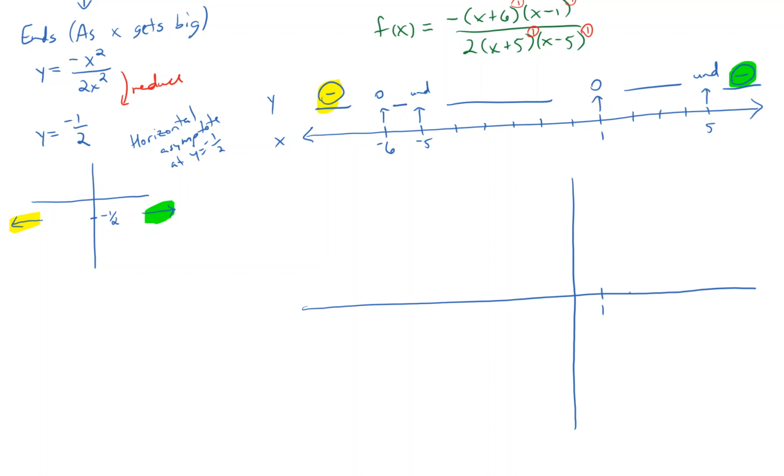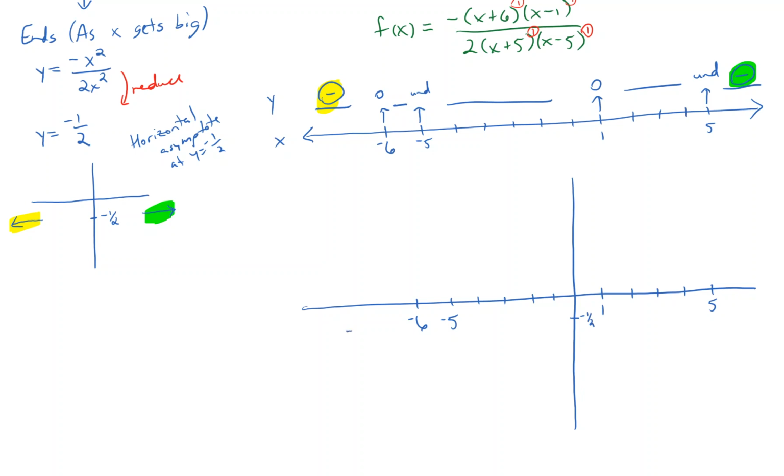So I've got 1, 2, 3, 4, 5, and negative 1, 2, 3, 4, 5. I'm just listing the x values that I'm really interested in. Then on this particular graph, I also have to list a y value. I better list negative 1/2, and maybe I'll put that right there.